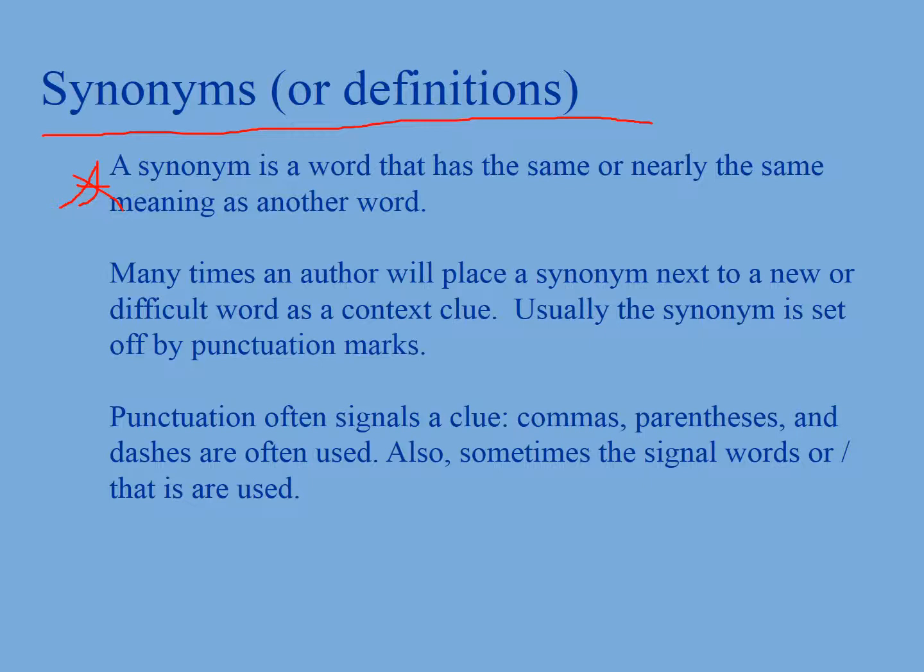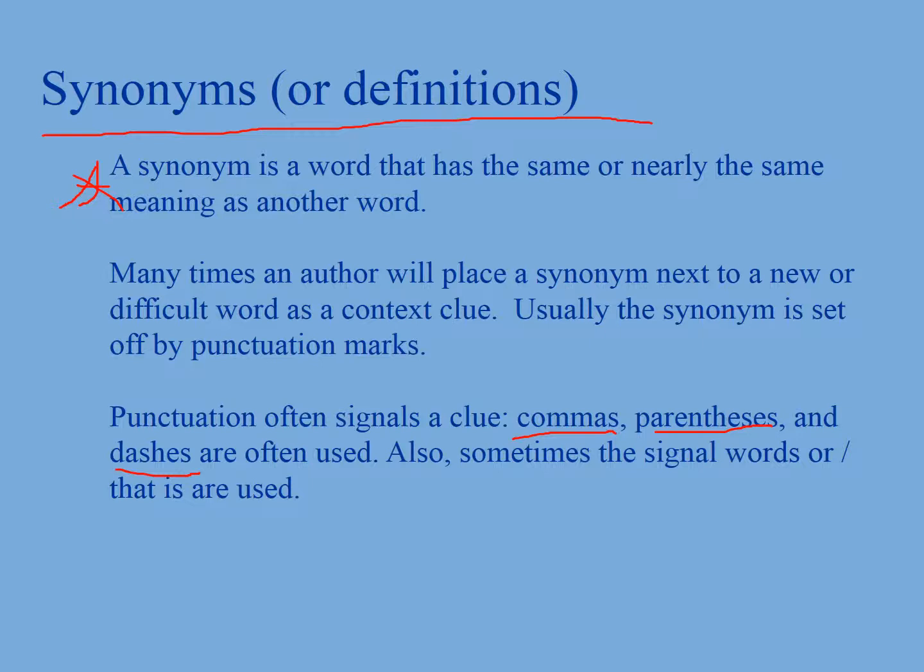Many times an author will place a synonym next to a new or difficult word as a context clue. The synonym clue will be set off or set aside by punctuation marks. Authors sometimes use commas, parentheses, or dashes to set aside the synonym clue in a sentence.